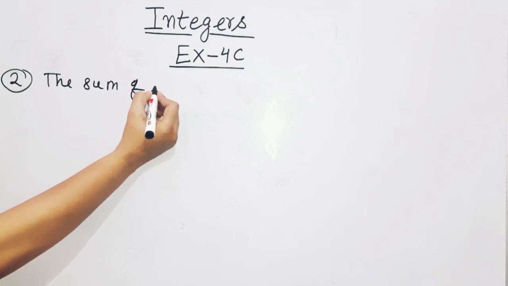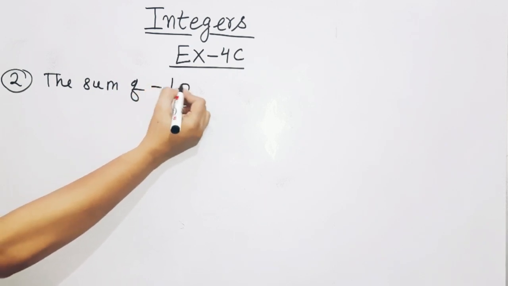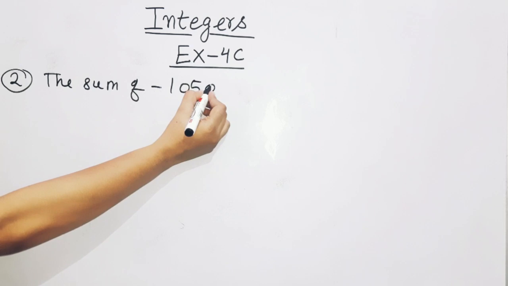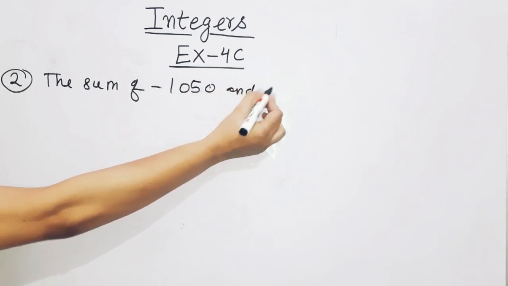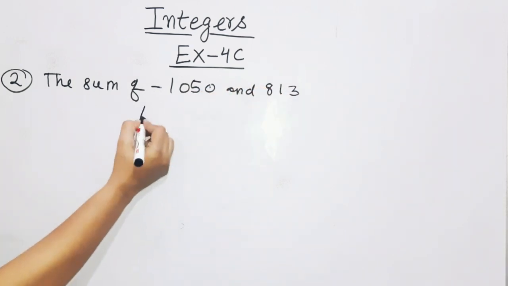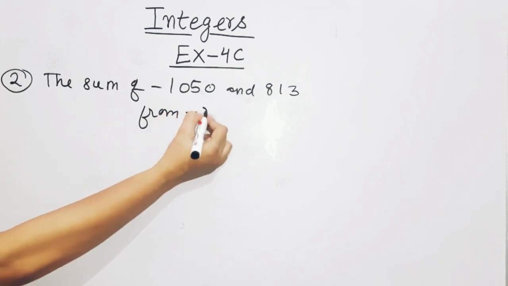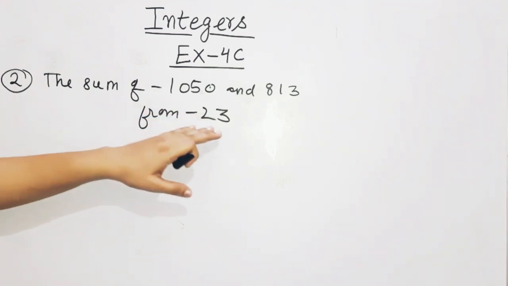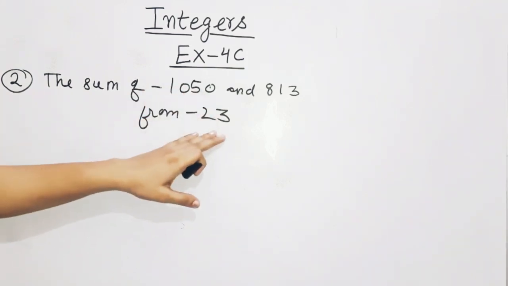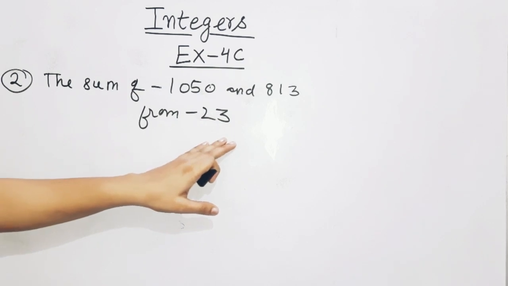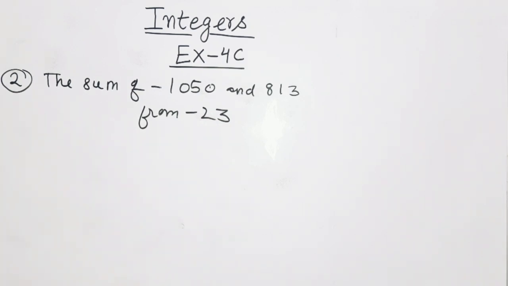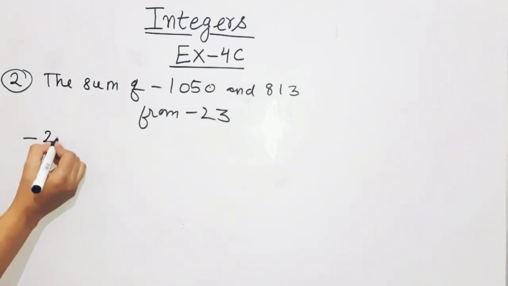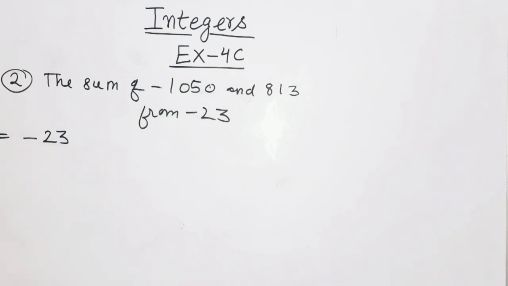The sum of minus 1050 and 813 from minus 23, right? So as I have already told you, the number or the integer written after from, यानी from के बाद जो number लिखा होगा, that is going to come first. So minus 23 is going to come first. Plus, now what is written here?